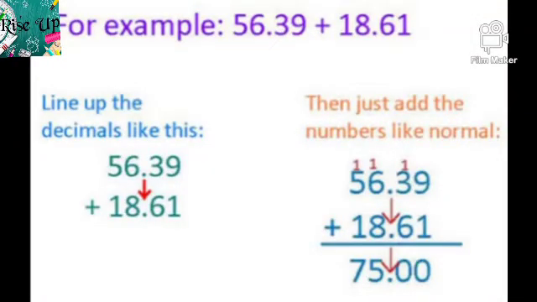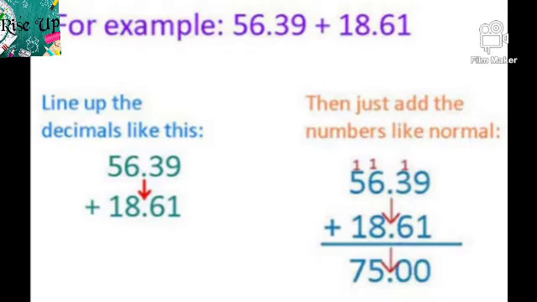Now have a look at this example. 56.39 plus 18.61. First you have to line up these numbers according to the decimals. So see, all the decimals are one under the other, and when you are adding them you just add them like normal numbers. So we have to start from the back. 9 plus 1 is 10, so 0 comes and 1 goes on top of 3, and 3 plus 1 is 4, 4 plus 6 is 10, 0 comes there and 1 goes on top of 6. 6 plus 1 is 7, 7 plus 8 is 15, so I write 5 and the remaining 1 goes on top of 5.